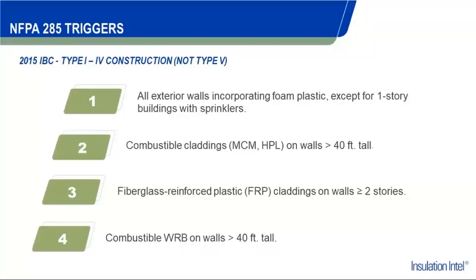All exterior walls incorporating foam plastics, except one-story buildings, as long as they have a sprinkler system, would qualify. Again, combustible claddings over 40 feet, fiberglass reinforced, over 2 stories, and then any kind of combustible wall materials that are over 40 feet as well.